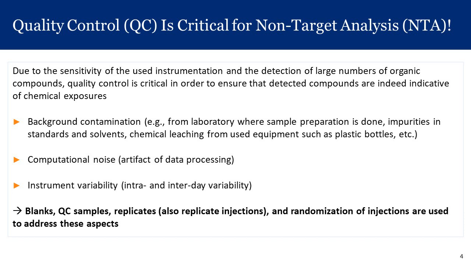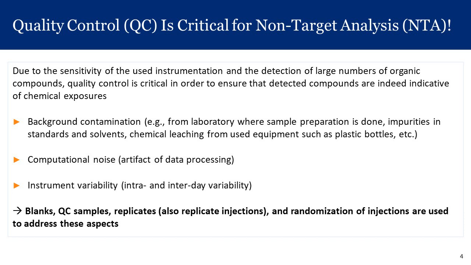And so to do this, we use blanks, which basically are control samples that are just used in the lab. We use quality control or QC samples, which typically contain a mixture of chemicals that we know about. We use replicates, meaning, for example, if you need to take a sample at a certain location, we don't take just one sample, but we take several samples.